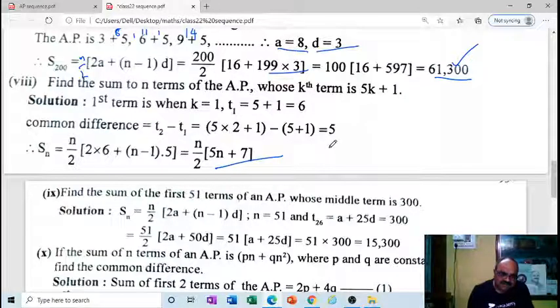Another variety of sum, this one. Friends, what I request here is, we need to imagine k equals 1, because the first term we need to get right. If you put k as 1, you will definitely get to know the first term. You may ask, why take k as 1? Why not 0?